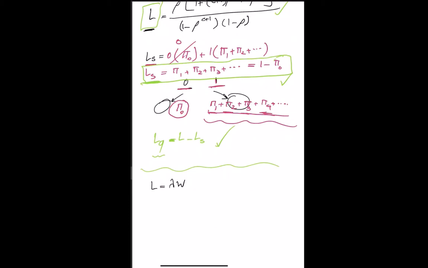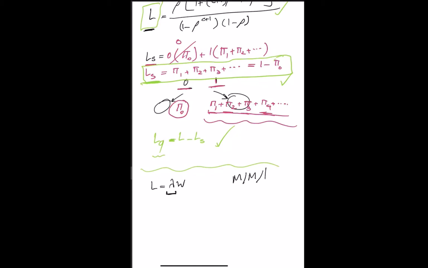Here, the lambda is basically the rate of arrival to the system. But when I say arrival, I also mean entrance to the system. In everything we have done so far, for example for MM1, the size of the system was infinity. Everyone who arrived entered the system as well.